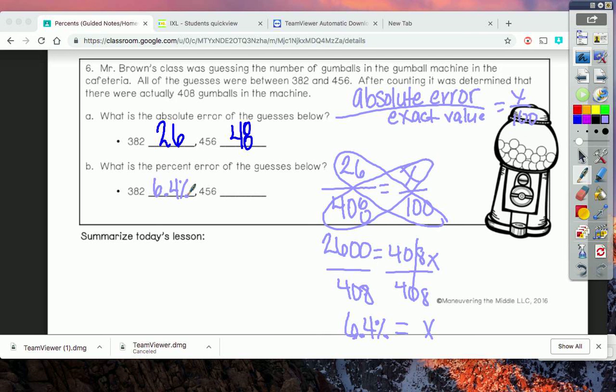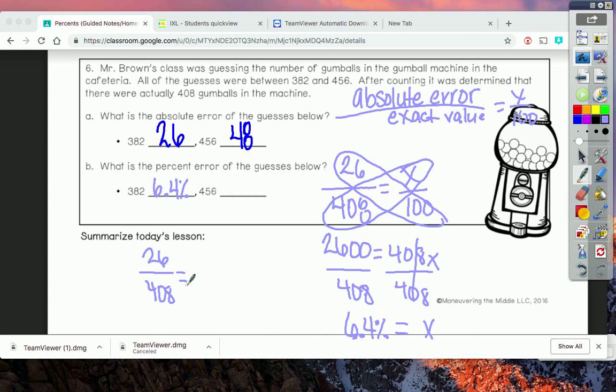Now, the next thing I want you all to do before we move on to the next one, take 26 and divide it by 408 in your calculator. That's 0.063725. It's the same thing, you just have to move your decimal.